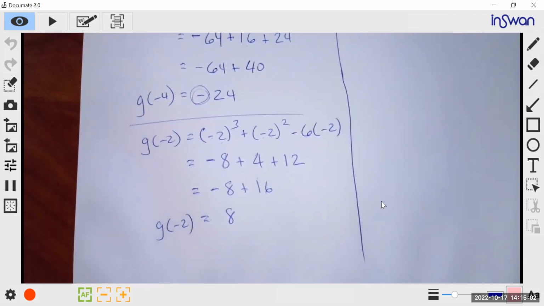So what can you tell me about -4 and -2? Right. That's not what it's asking. This is the intermediate value theorem. Look at your notes. What did you write down for intermediate value theorem?